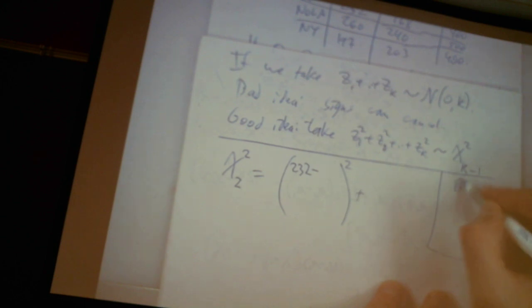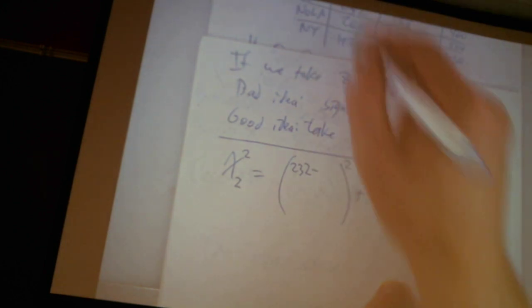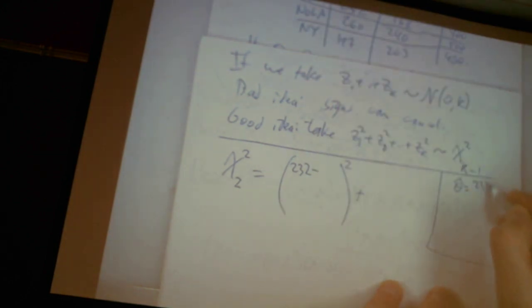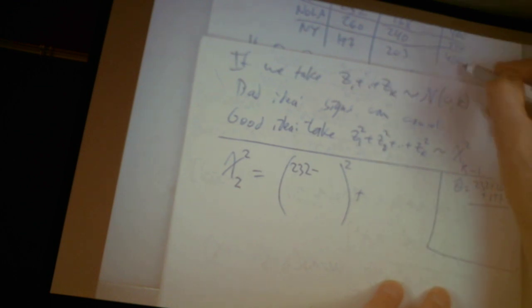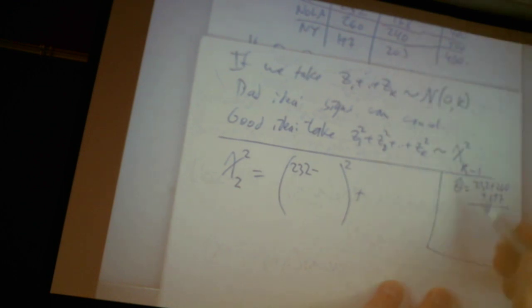Theta hat is, I add up all of the successes, 232 plus 260 plus 197, and I divide by the total number of people that we surveyed, which is 800 plus 500, 1300. That comes out to 0.53.